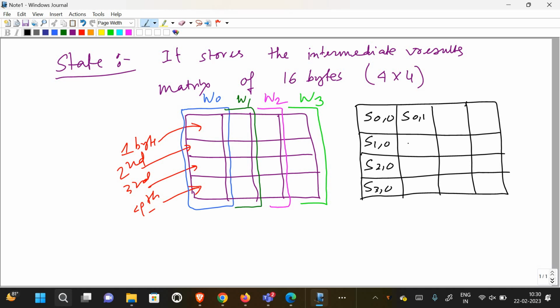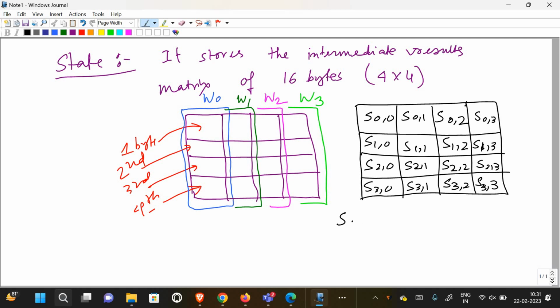This will be S of 0,1, S of 1,1, S of 2,1, S of 3,1, S of 0,2, S of 1,2, S of 2,2, S of 3,2, S of 0,3, S of 1,3, S of 2,3, and S of 3,3. Basically, I'm mentioning it separately just to create less confusion in the same box.